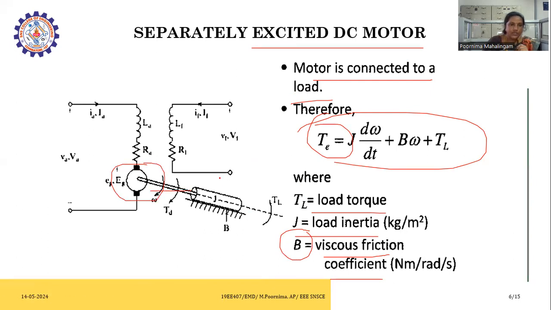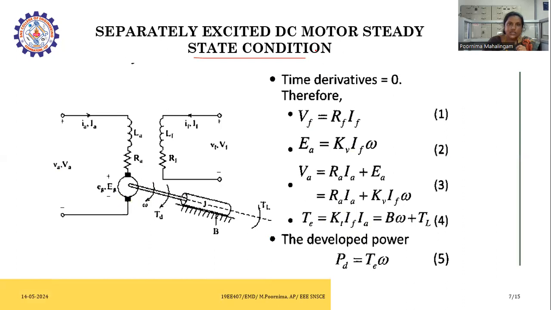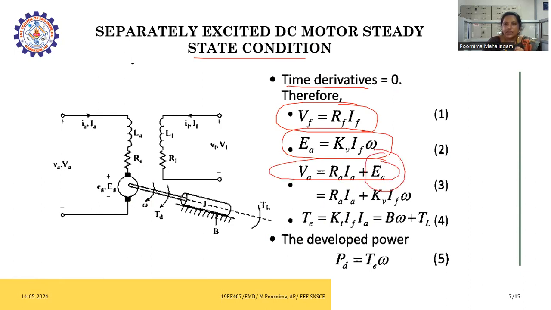Now coming to the steady state condition, the time derivatives go to 0. We have the field voltage, and the armature back EMF EA, and the armature voltage equation. Finally we replace EA by its value and get the torque equation.